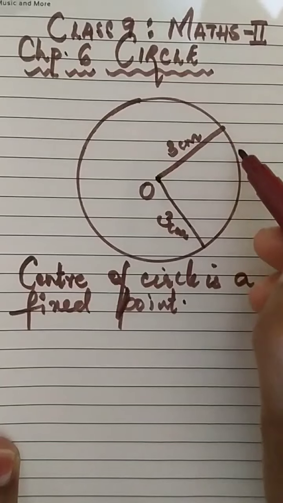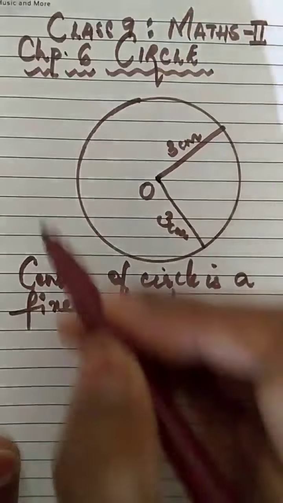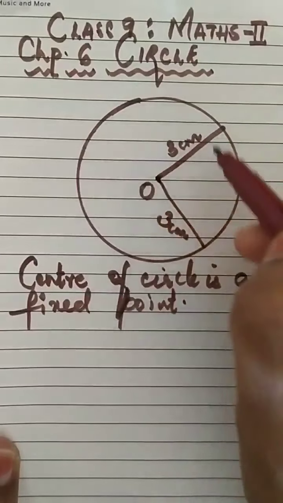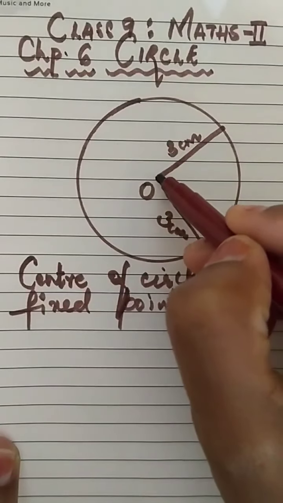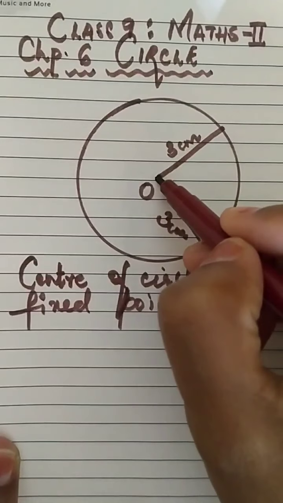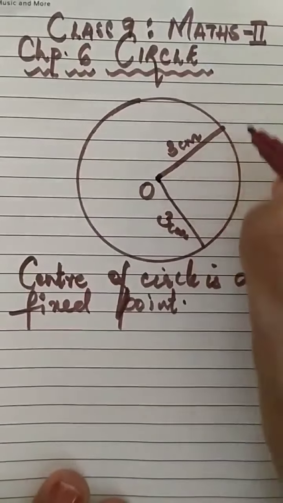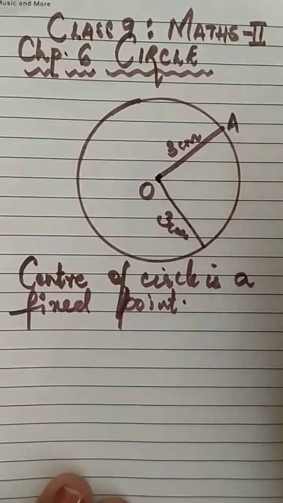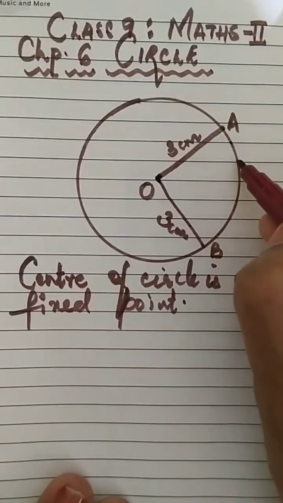So all these set of points, if you join them, you get a circle. These set of points in a plane which are equidistant from the center, that is the fixed point, is called a circle. Let me take a point A and a point B. Like that, there are infinite points.